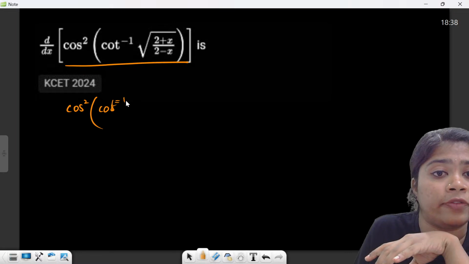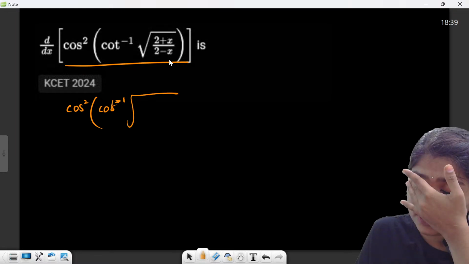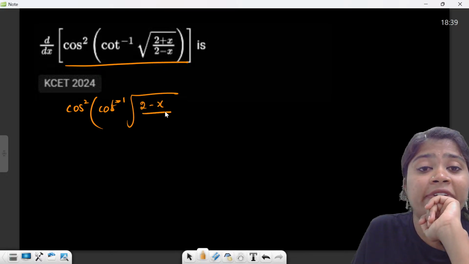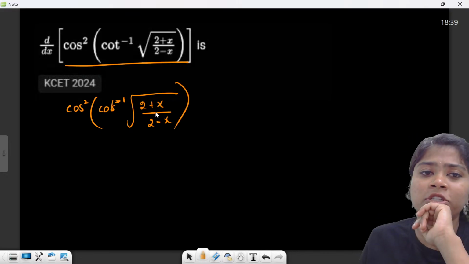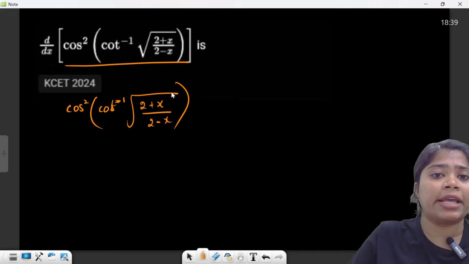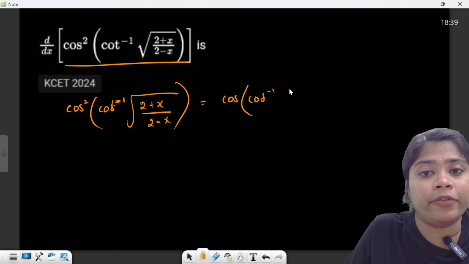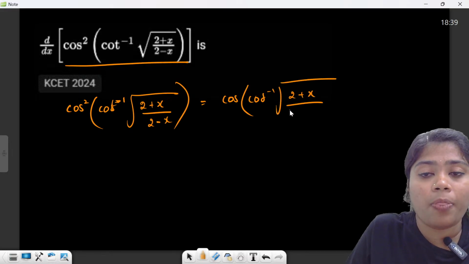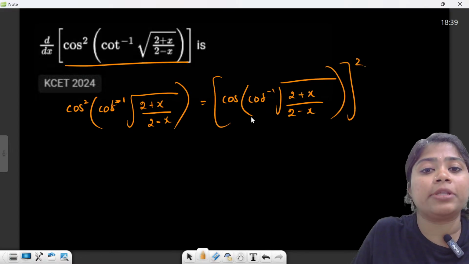Here we have cos square of cot inverse root of (2 plus x) divided by (2 minus x). The whole square we can write.